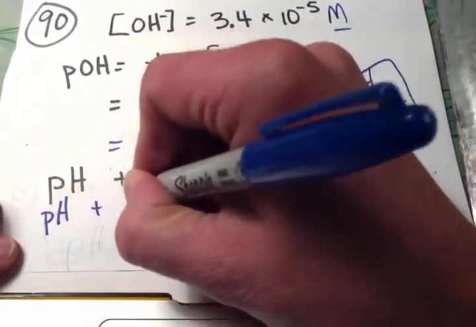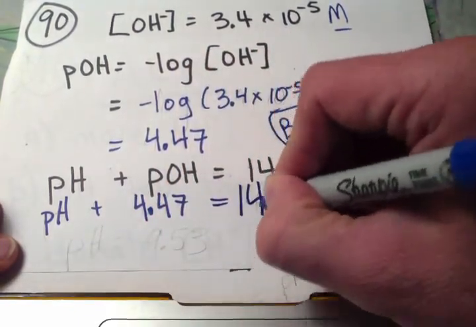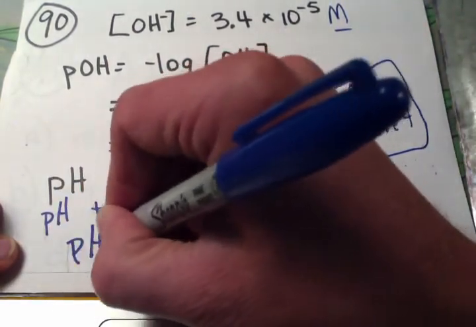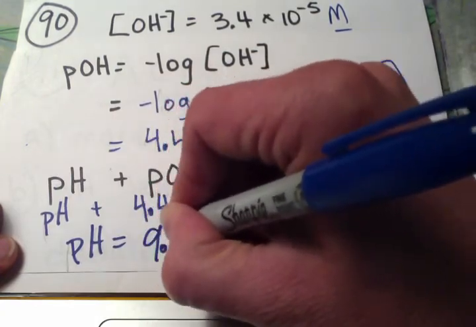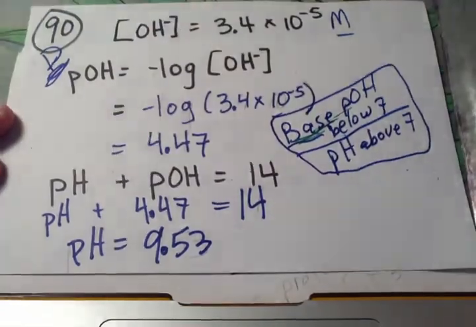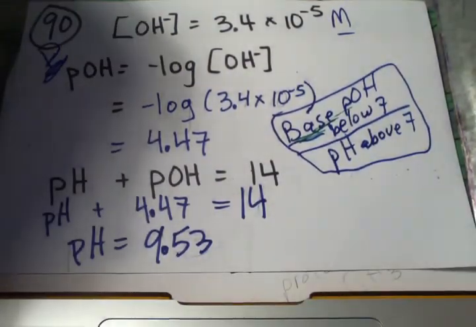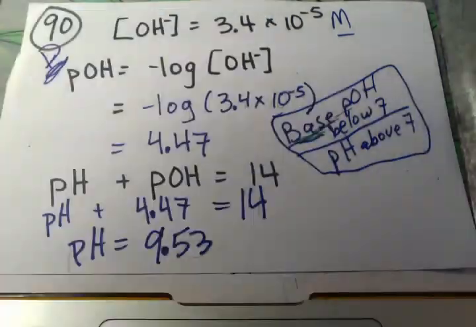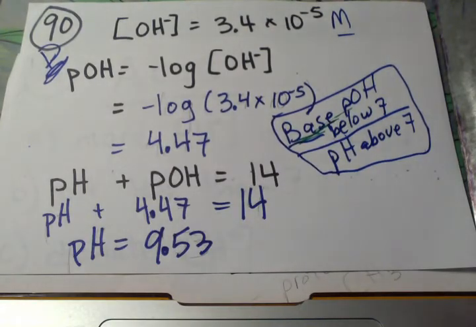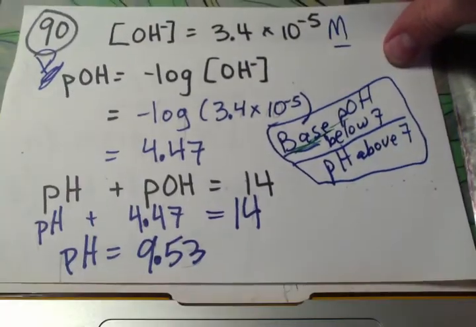The pH plus that 4.5 or so means that the pH, yes, that makes total sense to me. A base has a high pH. And remember, this is all just a mathematical way to establish that things change color in acids and bases, and we can predict it using these values, using these concentrations.